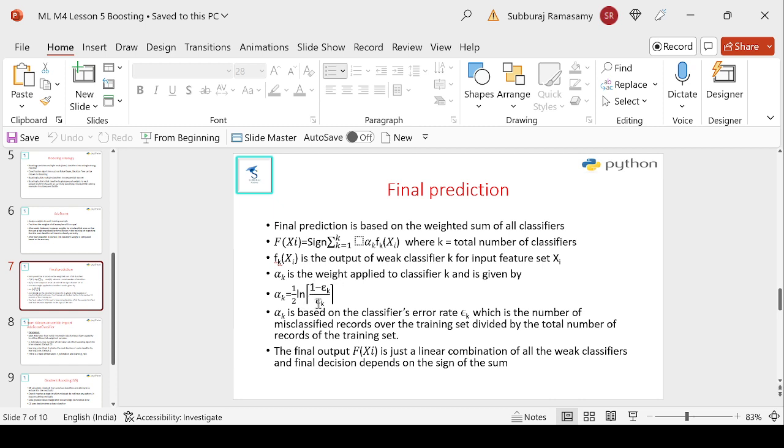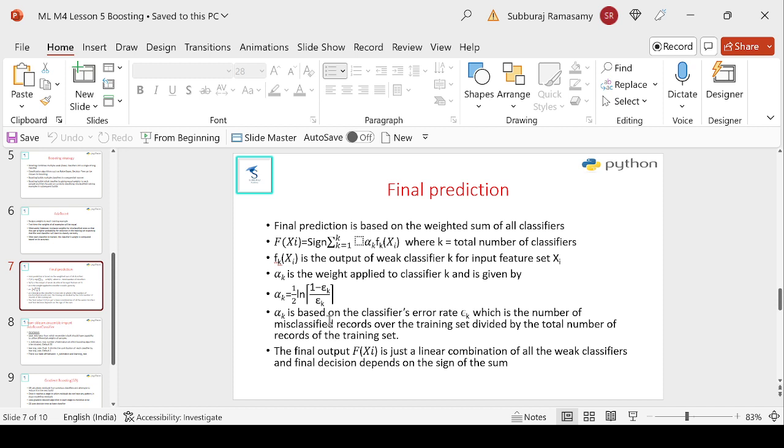See, so finally it is aggregation. You sum all. The alpha_k is the weight applied, and it's also the learning rate, and it's multiplied by the output, and the sign is also important.